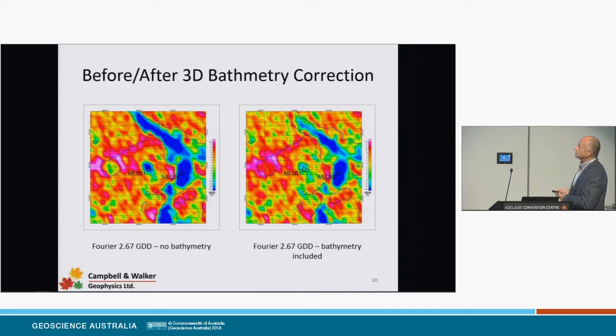So this is the Fourier 2.67 GDD. It's terrain corrected using the laser scanner data from the Falcon system, but no bathymetry correction is in it. When we added the bathymetry, that anomaly more or less disappears. The optical bathymetry depth on that lake was 9 meters.